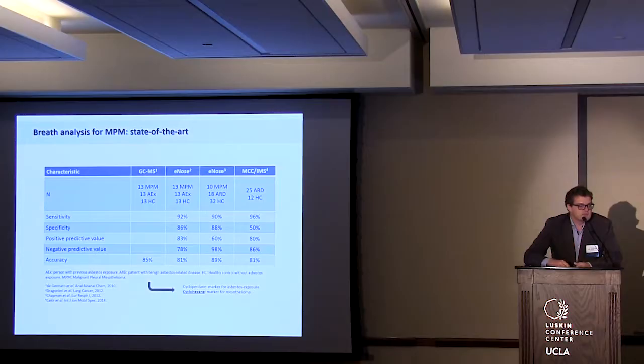That was found to do okay in discriminating those patients from controls. One study used multicapillary column ion mobility spectrometry, but they only included 25 patients with benign asbestos-related diseases, most of them asbestosis patients, and 12 healthy controls. They did not include any mesothelioma patients, and it was also found to do okay in discriminating those.